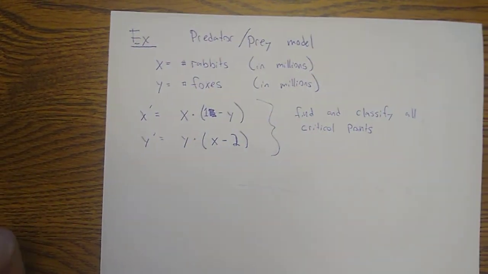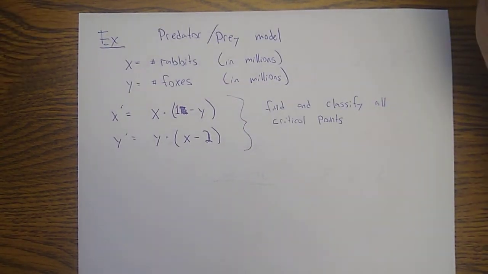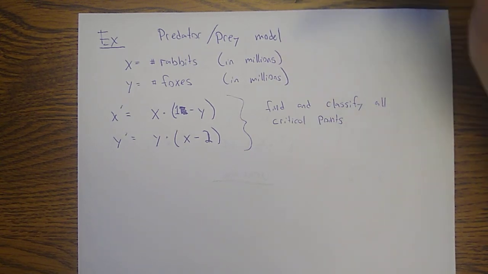Okay. We have the following example, and this is basically taken out of 9.3. I wasn't going to say much about 9.3, I'm just harvesting an example out of it. So 9.3 is about predator and prey models.